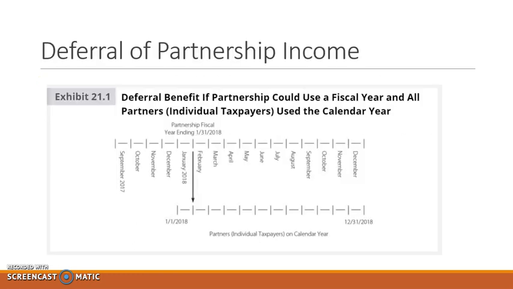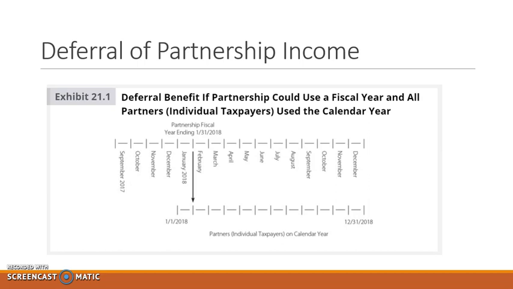So the required taxable year rule prevents excessive deferral of taxation of partnership income. So here's an example of how a deferral might arise. In this example, if a partnership's adopted year ended on January 31st, the reporting of income from the partnership and payment of related taxes would be deferred for up to 11 months.